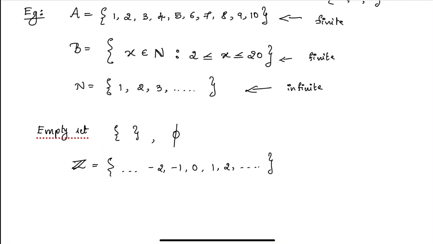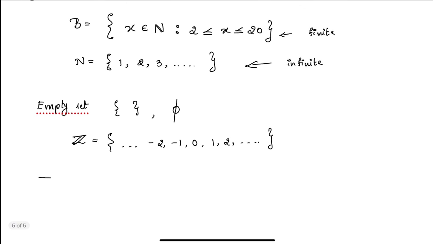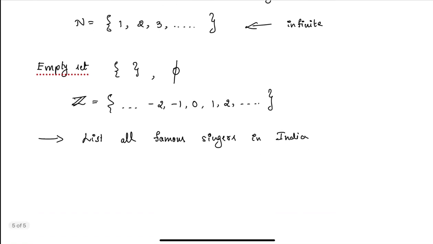Whereas if I say, list all famous singers in India, one person may tell 10 names, another person may tell 5 names. That list will vary from person to person.